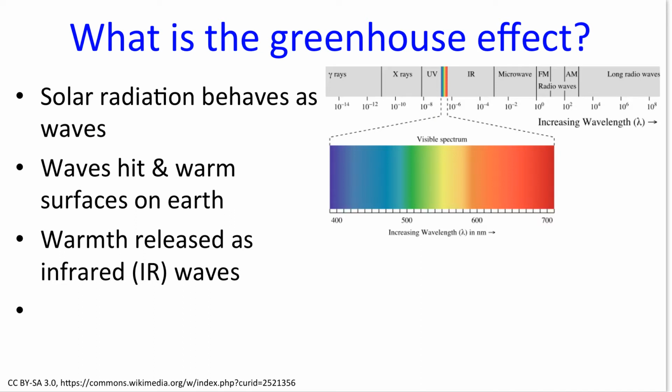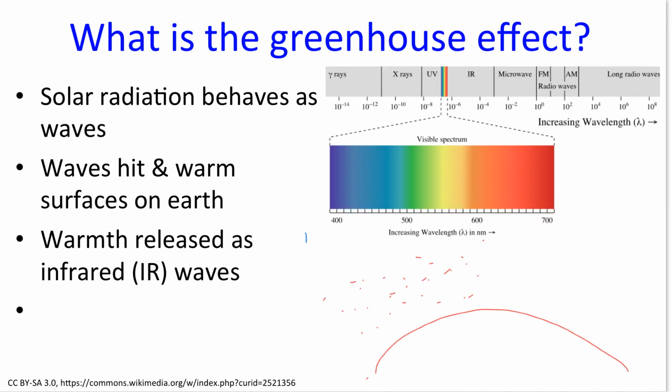Now, the important thing here is that if we think about the atmosphere, so we can draw on Earth, and I'm just going to draw some dots to indicate different kinds of gases in the atmosphere. Incoming solar radiation is going to travel through the gases in the atmosphere with minimal interference.